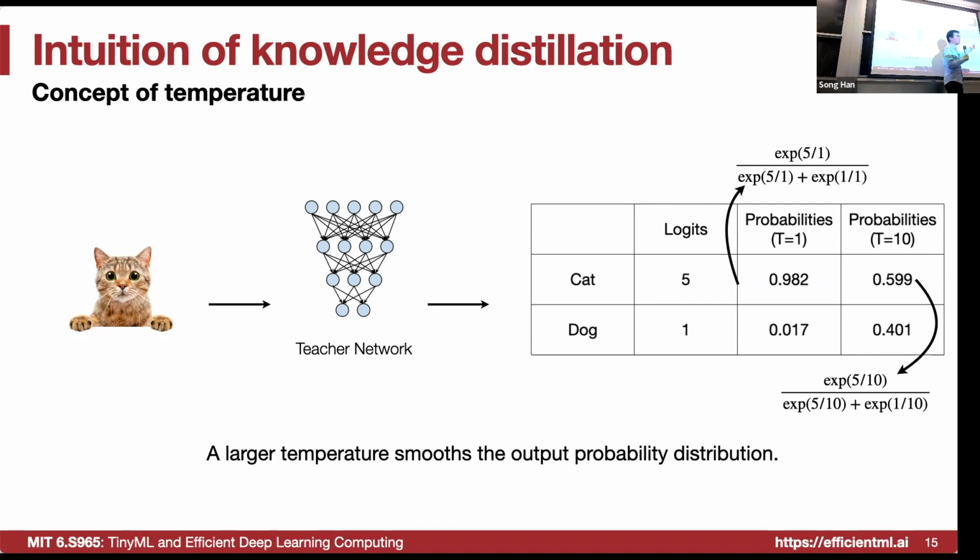So if we apply a temperature of 10, then rather than 98%, it becomes about 59.9% probability that the teacher model thinks this is a cat. So in reality, when we are trying to match the Logits of the teacher model versus the Logits of the student model, we usually apply a temperature that is larger than 1 to smooth the prediction.